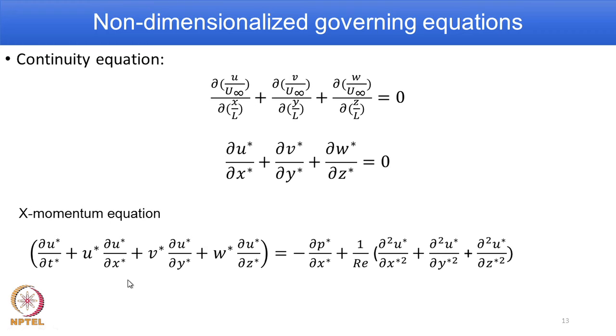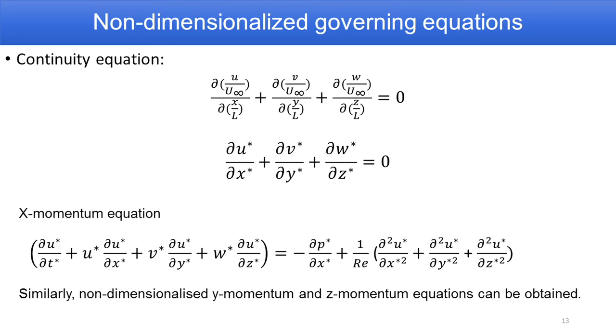As I explained for the continuity equation, here also no term has a unit. u* has no unit, t* also has no unit, so the entire term has no unit. Similarly for other terms, so the entire equation is without any particular unit.